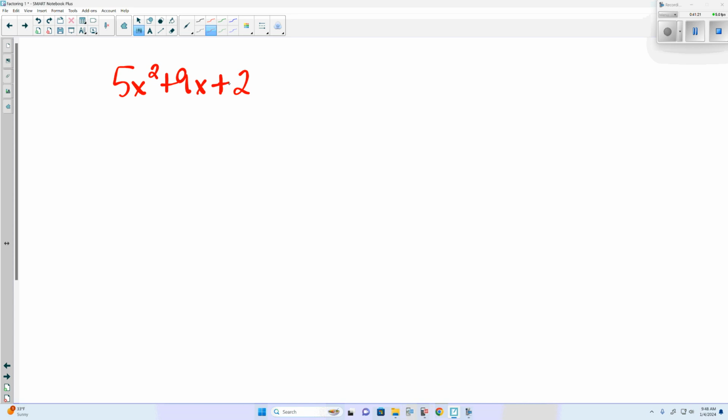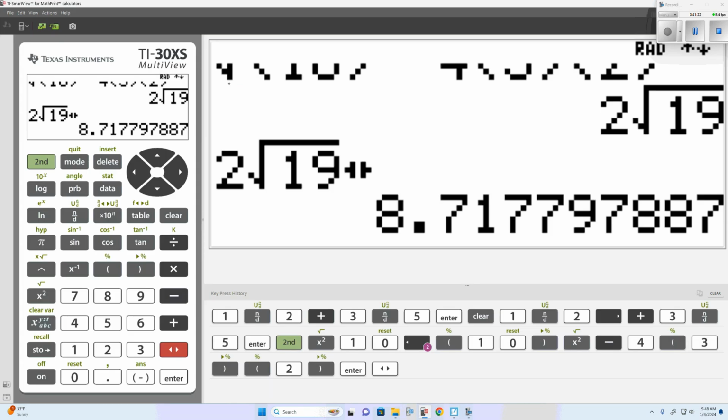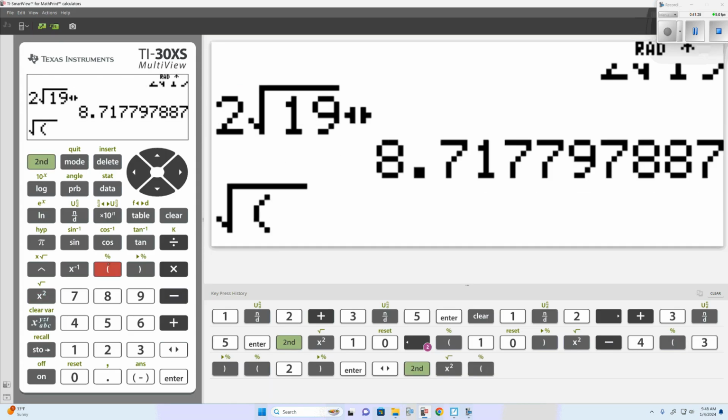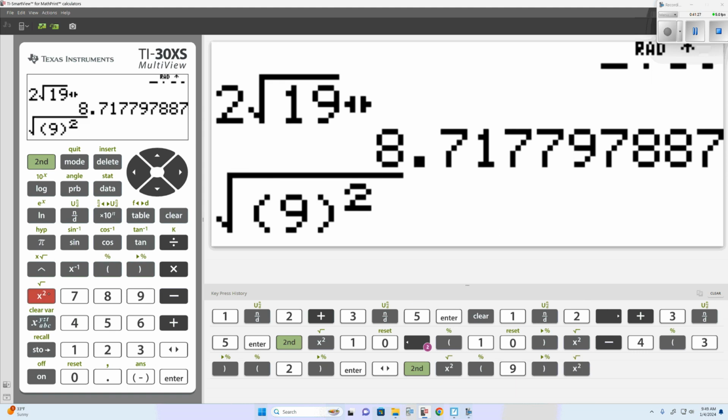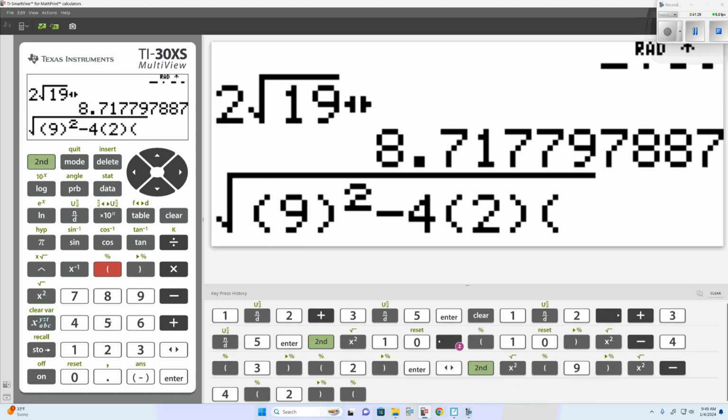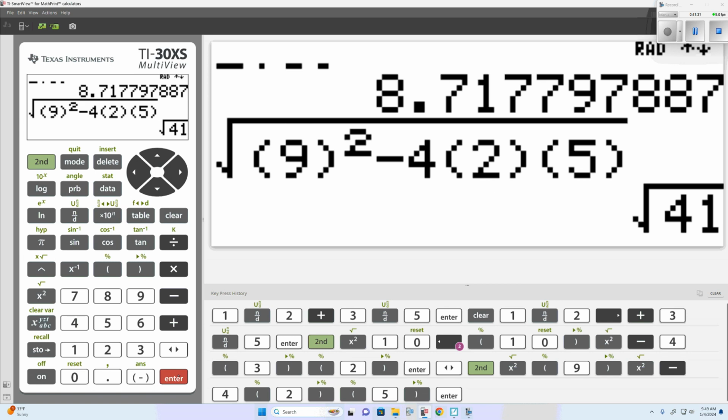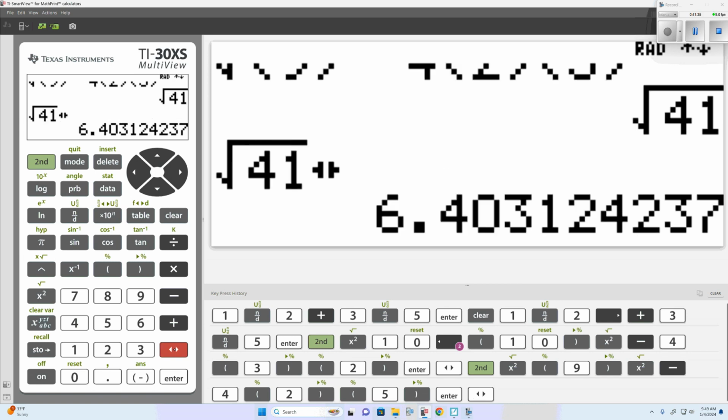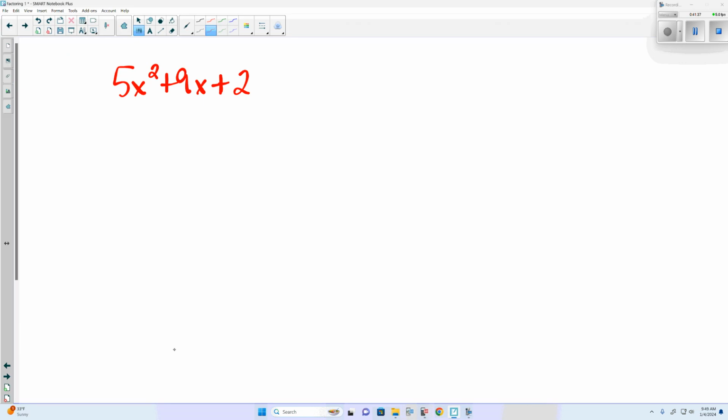I'm just going to go on and plug it into the quadratic discriminant: 9 squared minus 4 times 2 times 5, square root of 41, decimal. So this is actually not factorable, because that is as far as it goes. There's no greatest common factor between the three terms. It can't be factored, so we just say not factorable. We're done there. Does that make sense?